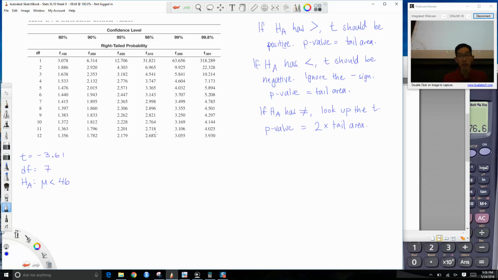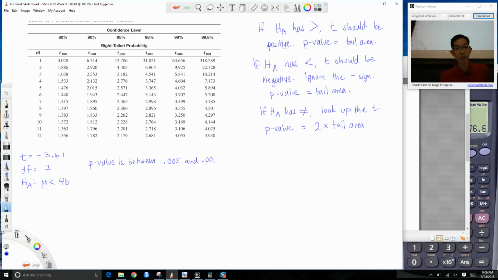Exactly. And because I have a less than sign, my p-value is my tail area. So here I would say my p-value is between 0.005 and 0.001. Is that okay with everybody? Question: it's saying the tail area is between, it's saying the p-value is between.